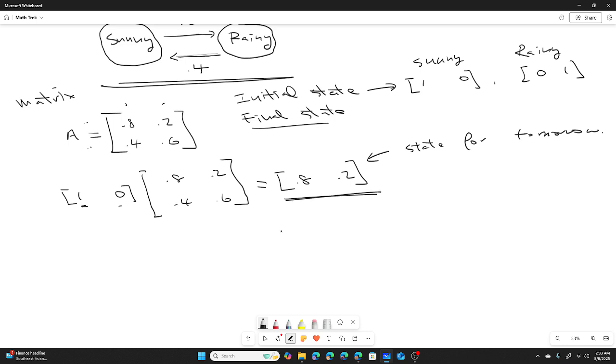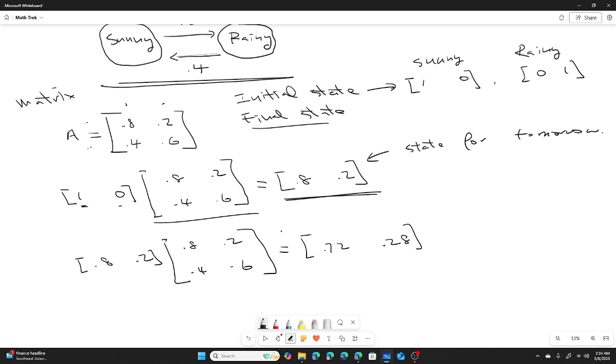We could plug this in as our initial state, and then use the matrix to compute tomorrow's tomorrow, the next day, the second day. 0.8, 0.2, times the matrix 0.8, 0.2, 0.4, 0.6, and we're going to have 0.72 and 0.28.